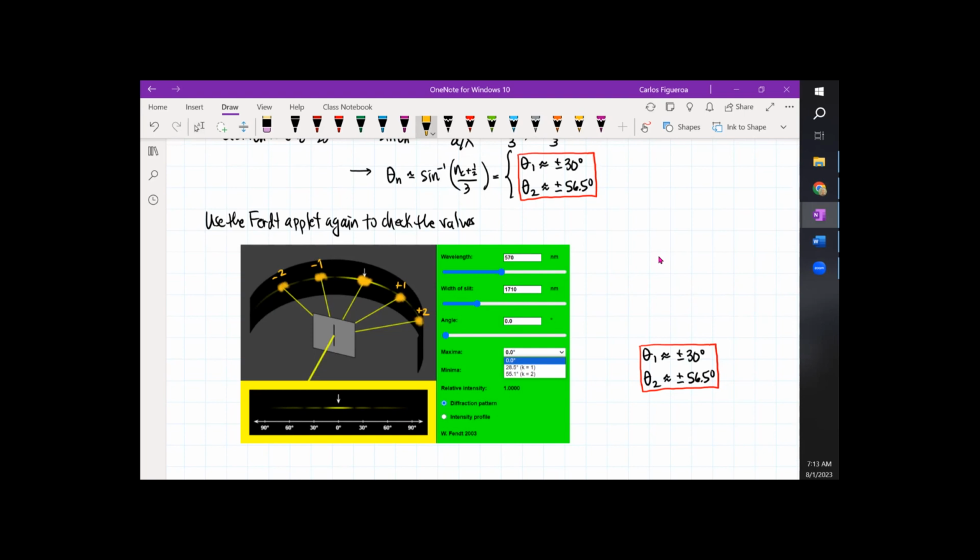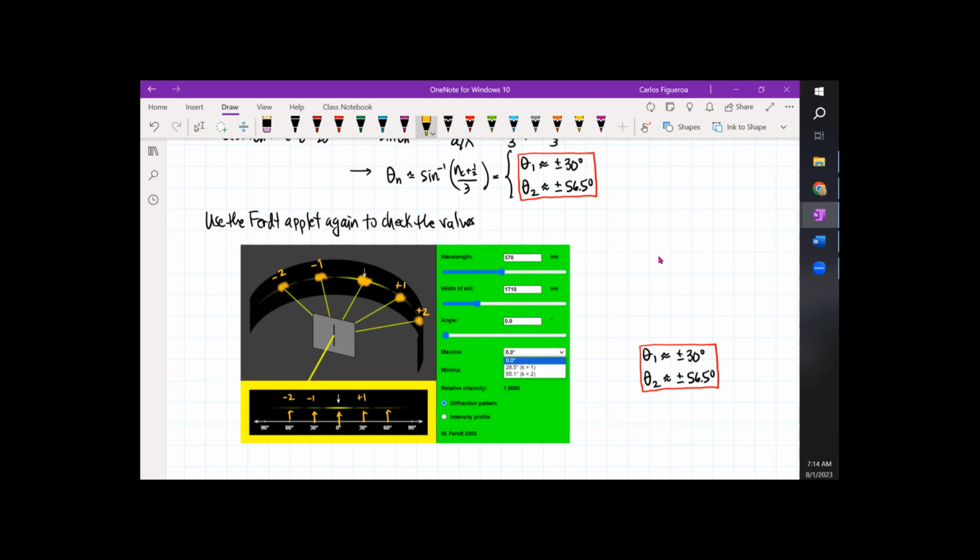And again, if I look at them, you could see that here's my central, then I have my first secondary, my second secondary. So this guy's going to be, ooh, yellow on yellow is not good. So I'll write it right here.